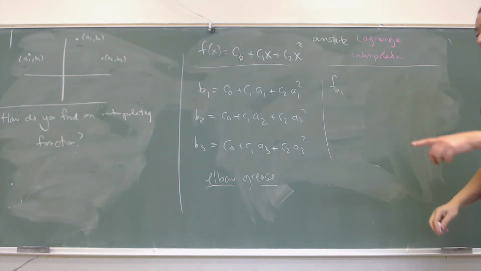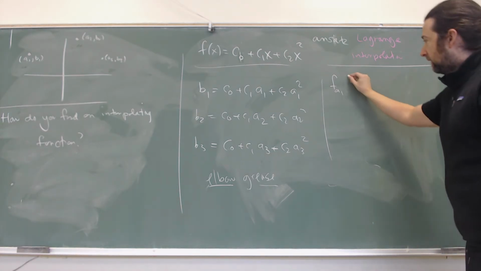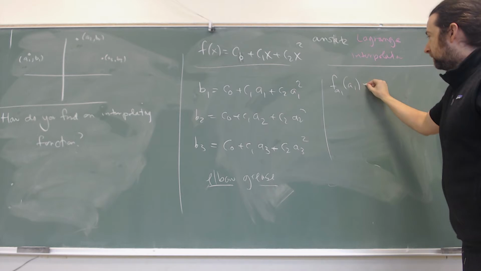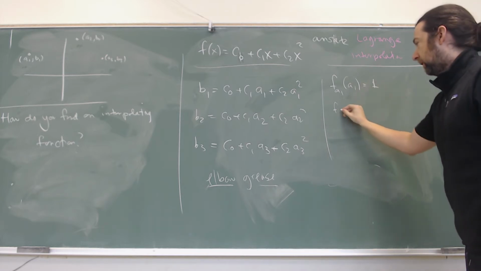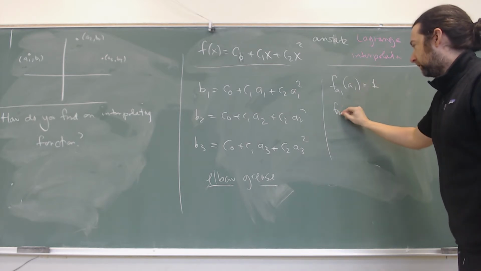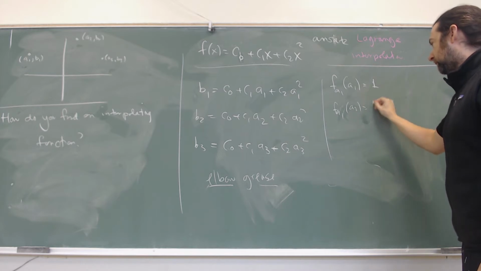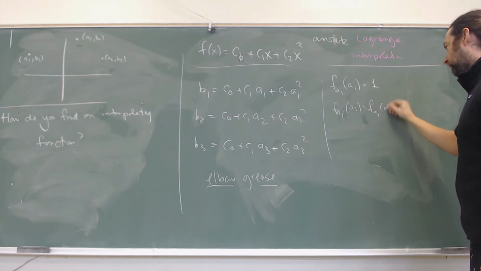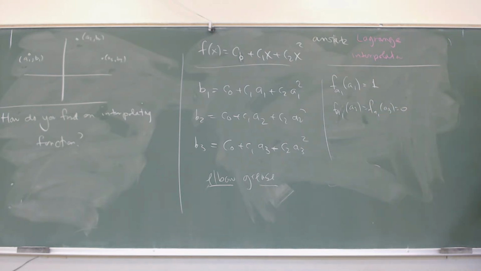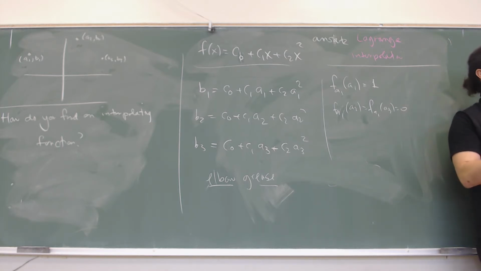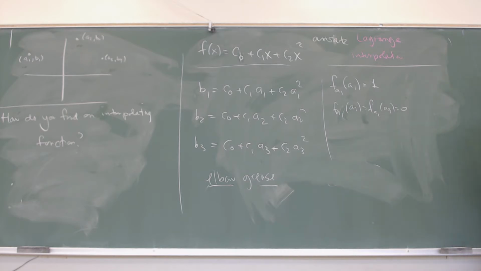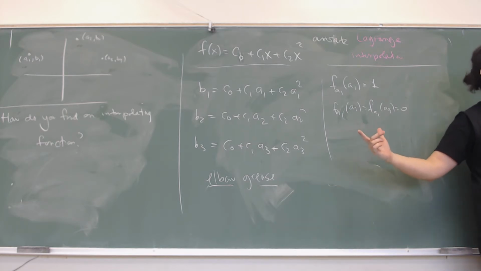Can you find f of little a1 that has this property? f at a1 is equal to 1, and f a1 at a2 is equal to f a1 at a3, which is 0. Can you find me a function that turns a1 into 1 and the other 2 points into nothing? Just a polynomial. Remember, this is Lagrange, this is polynomial interpolation, so it's a polynomial, right? The most basic function we can think of that does this.